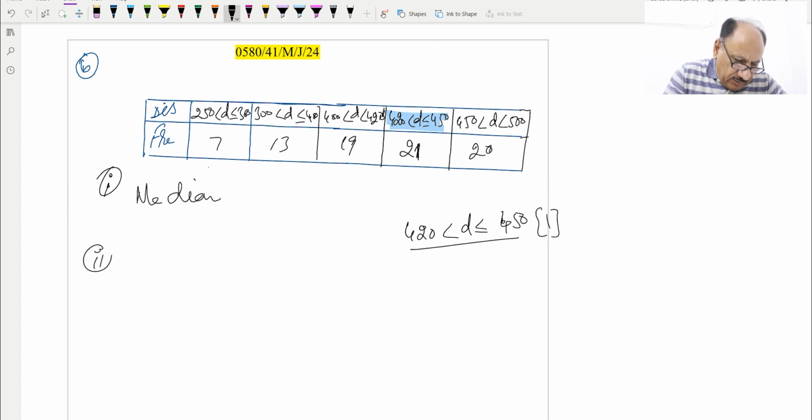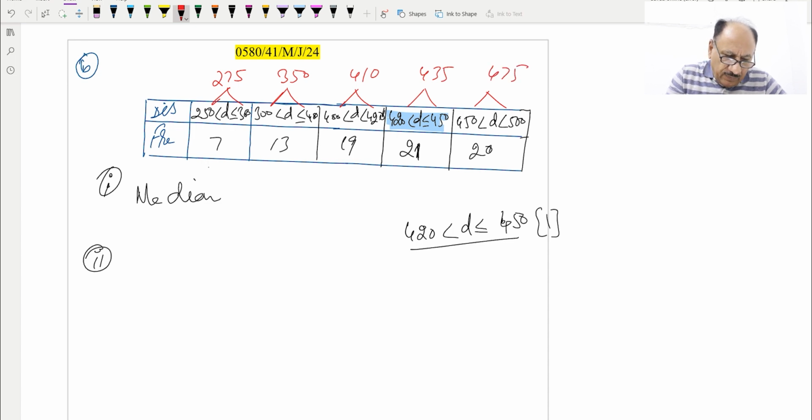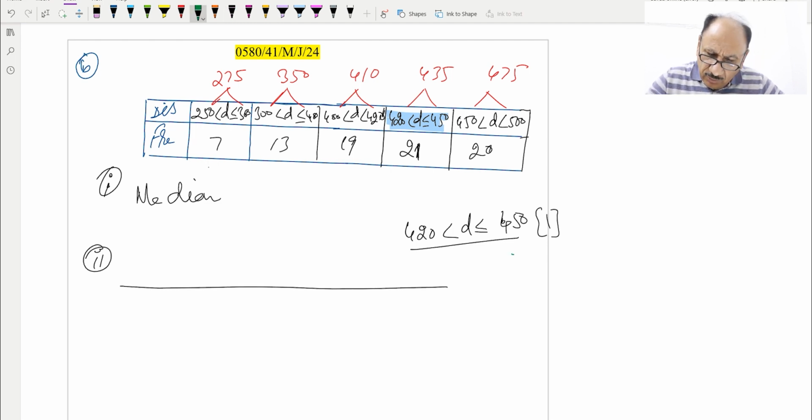Then the second part: calculate an estimate of the mean. For the mean, we need the middle values of these ranges, the midpoints. For the first one, if you add both and divide by 2, this will be 275. This one will be 350, this will be 410, this one will be 435, and this will be 475. The formula is mean is equal to sigma fx over sigma f.